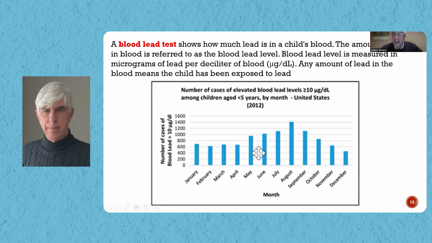It is of special interest for children, because levels above 10 micrograms of lead per deciliter of blood can induce mental retardation and several problems. You see that, for instance, in the US, still in 2012, there were at least 600 to 1,200 children with high blood lead levels that may induce mental retardation and other neurological problems.